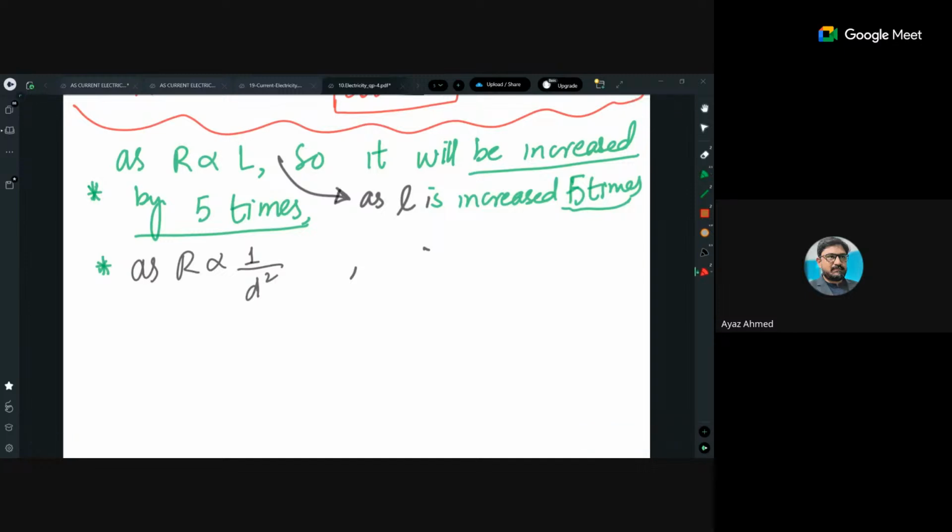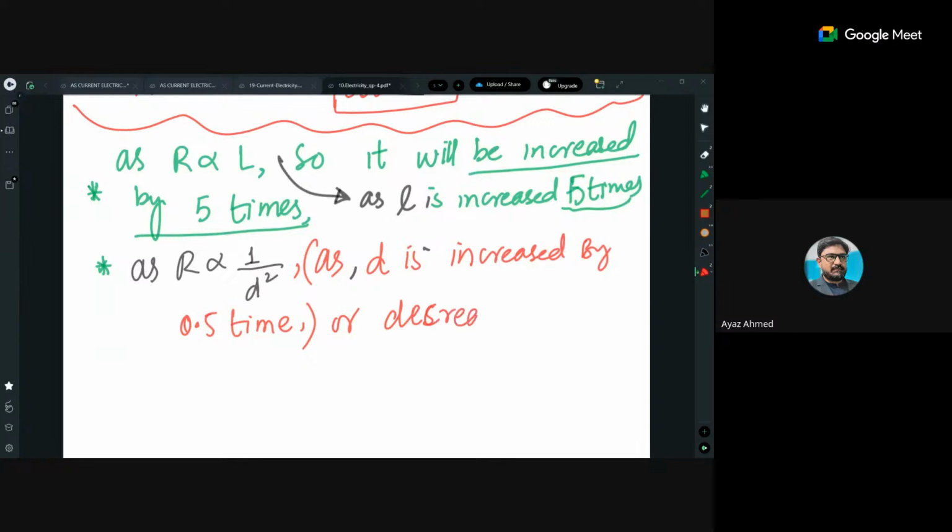As resistance is inversely proportional to diameter, so as diameter is increased by 0.5 times, ठीक है. Now increased by 0.5 times means either write this or write this is decreased 2 times.